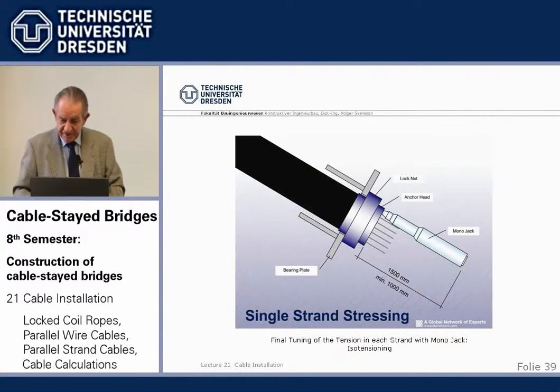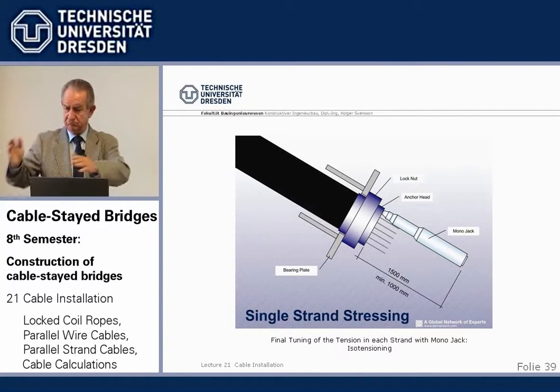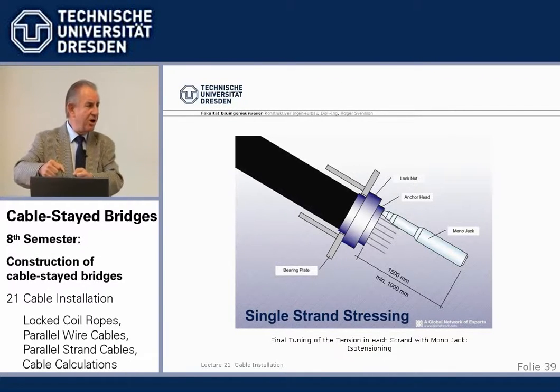Now, the stressing of the individual strands can be done with a so-called monojack, a jack for one strand only, which is a big advantage. Because a monojack, well, this size, a person or two persons can carry. Whereas the jack for the full cable weighs 2-3 tons, and you cannot just move it.